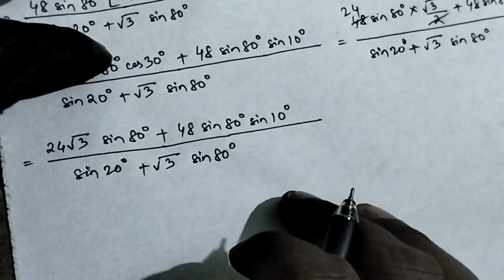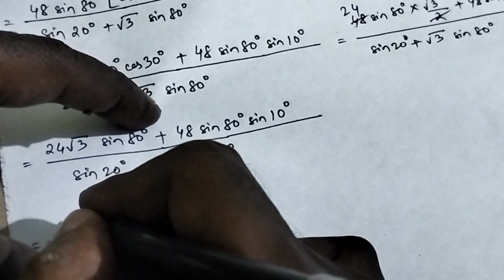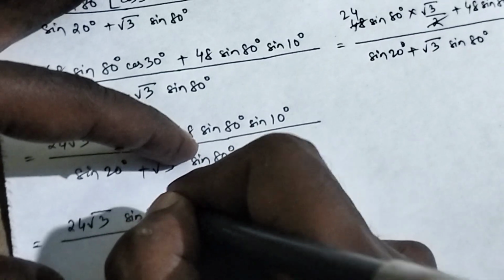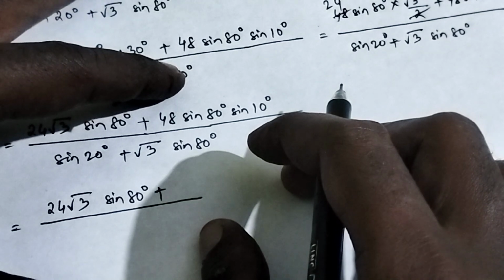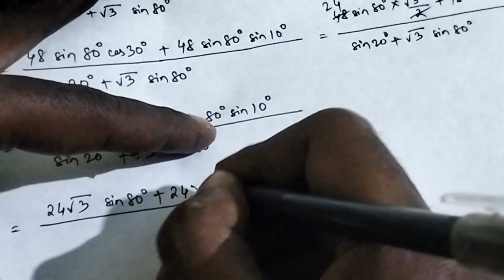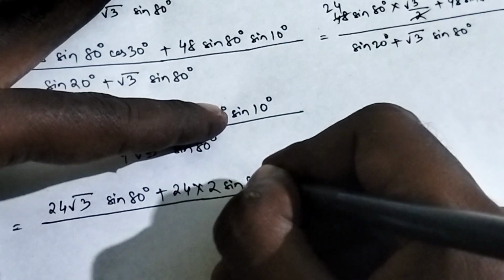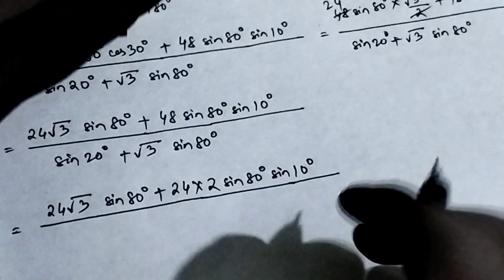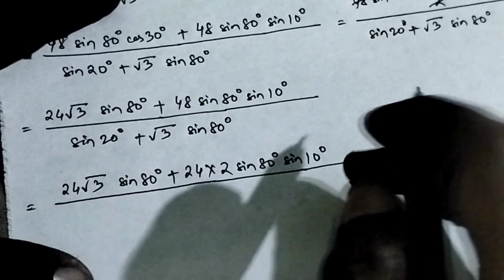So now what will I do? This 48 can be written as 24 into 2, then sin 80° sin 10°.